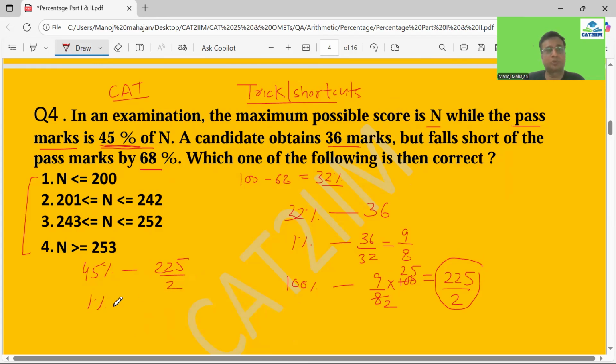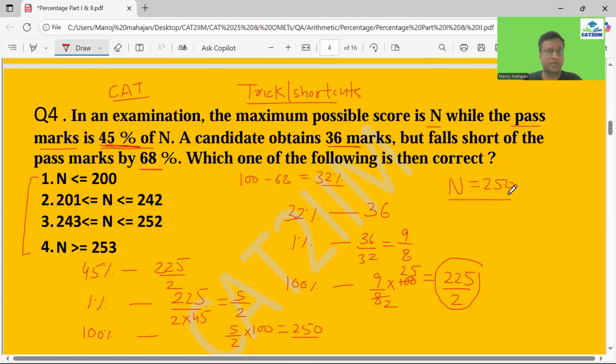So what is going to be 1%? Let's first calculate that. 225 divided by 2 divided by 45. This gives me 5 upon 2. So 100% is the value of n. So I get 5 by 2 into 100. If I do the calculation, I get 250. So the value of n is nothing but 250.